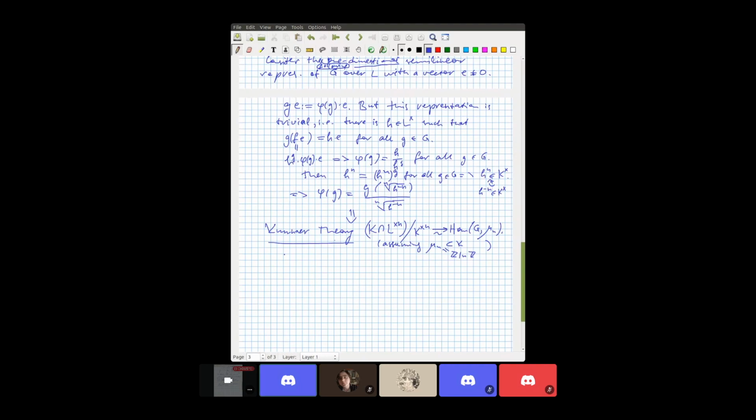Yes, and the maximal abelian extension of K in L is the compositum of... Maybe I should not say that it is maximal.